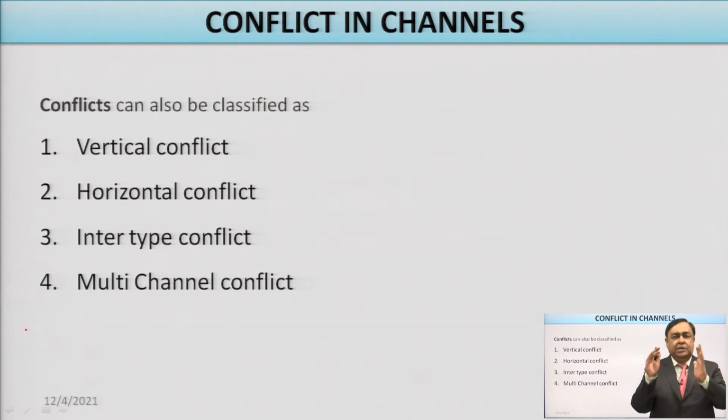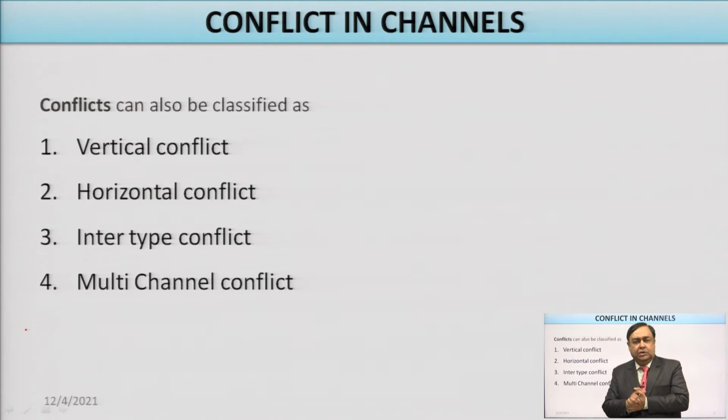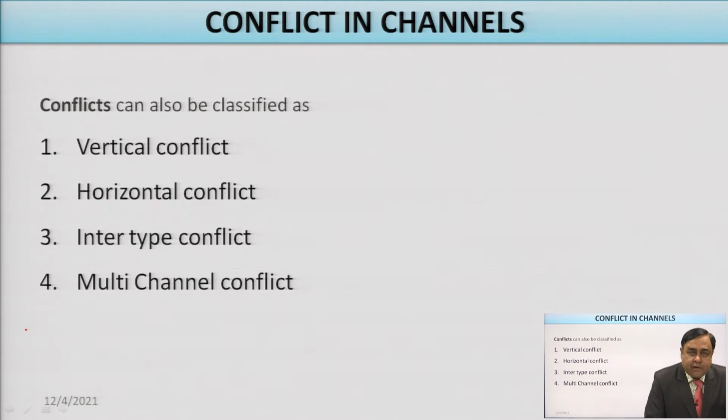So, to maintain these advantages, we have to see that there should not be any unnecessary conflict which will spoil the reputation of the organization, which will spoil the purpose for which it has been set up. And that is what we will be studying today, that is the conflict in a channel of distribution.